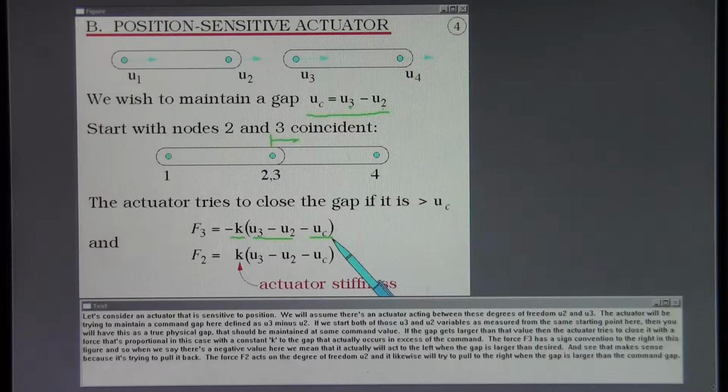The force F3 has a sign convention to the right in this figure, and so when we say there's a negative value here, we mean that it actually will act to the left when the gap is larger than desired. And that makes sense because it's trying to pull it back. The force F2 acts on the degree of freedom U2, and it likewise will try to pull to the right when the gap is larger than the command gap.